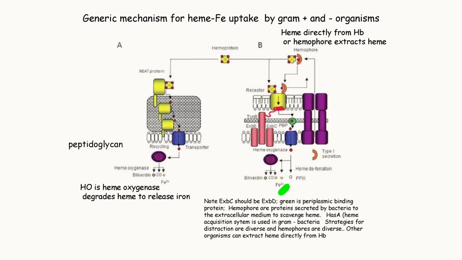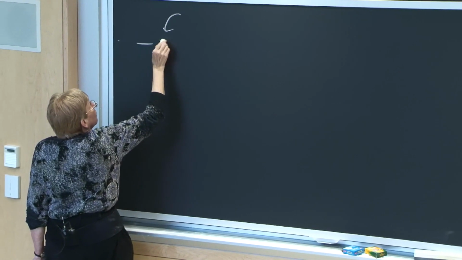And then again, once you get inside the cell, what do you have to do? You've got to get the iron out of the heme. So the problems that you're facing are very similar to the siderophores. So in all cases, the last step is in the cytosol.